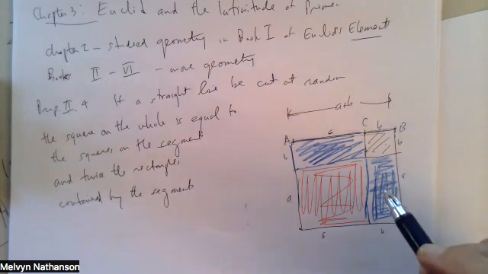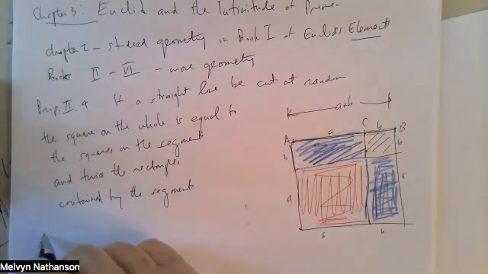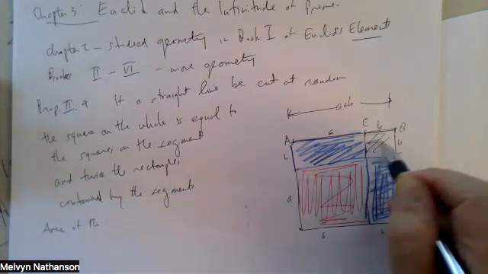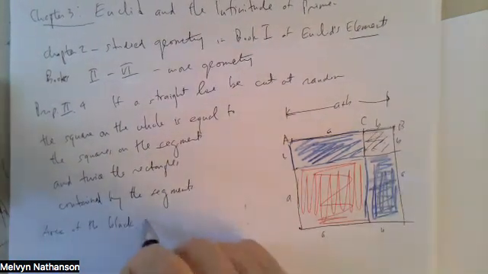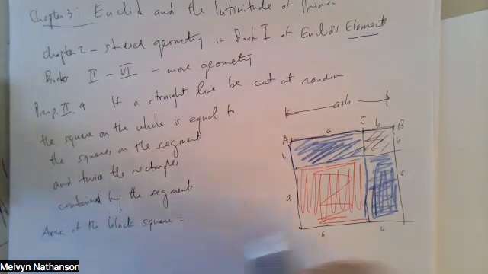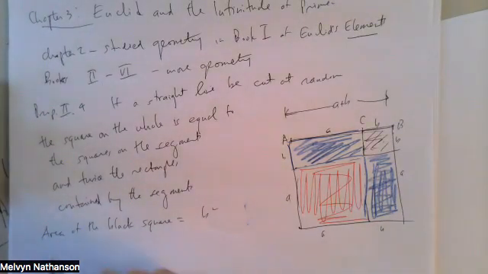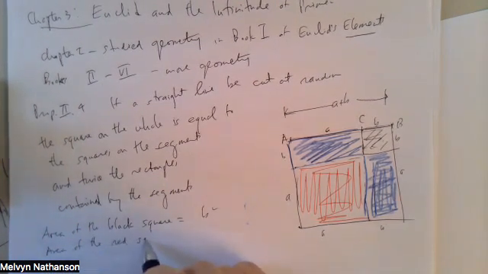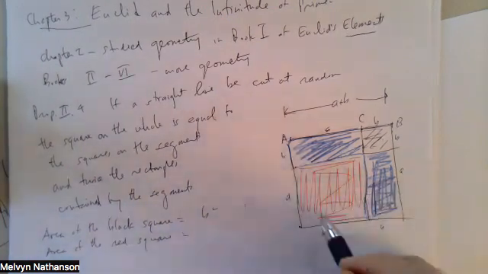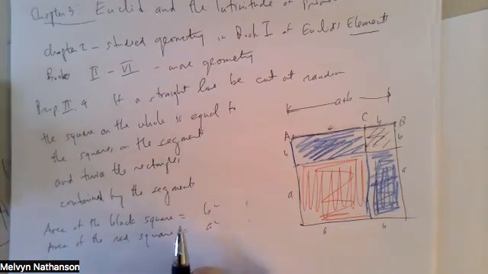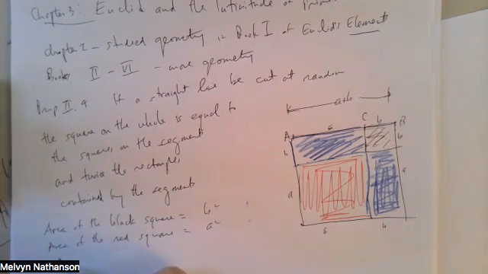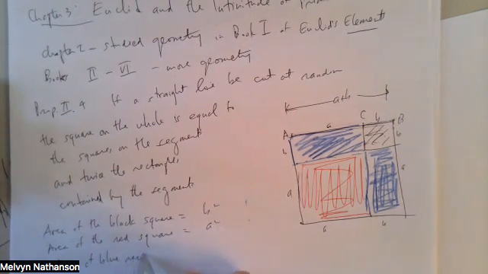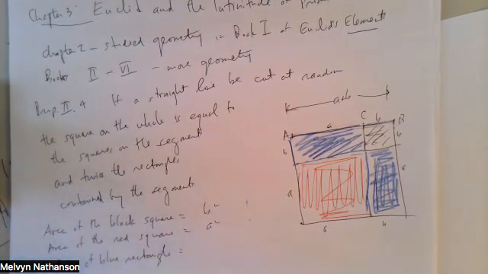Now we have a simple way of saying that, because we would say the area of the black square is b squared. The area of the red square is a squared. The area of the blue rectangle is ab.